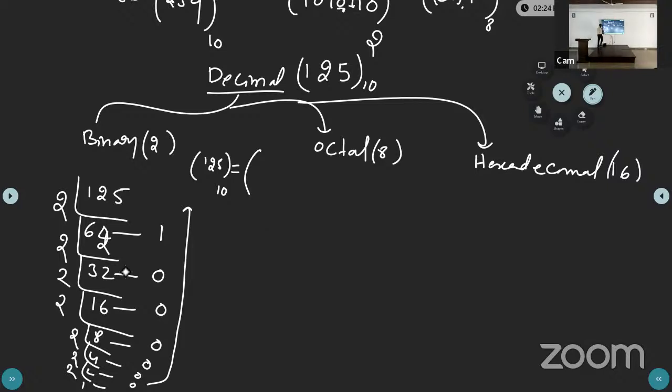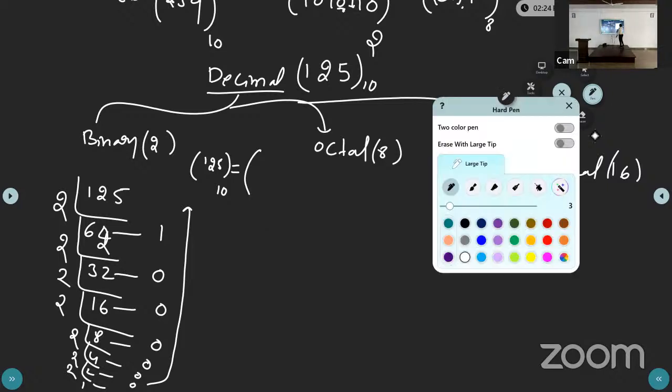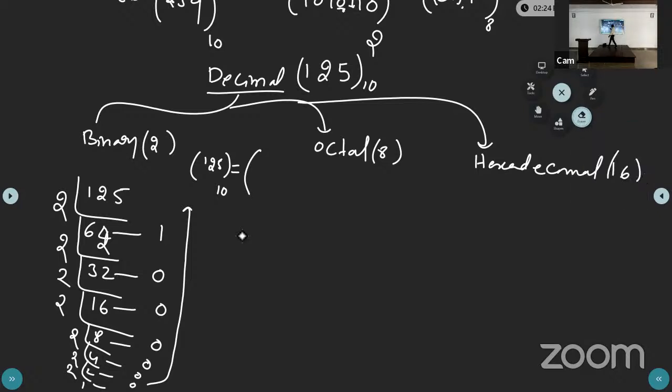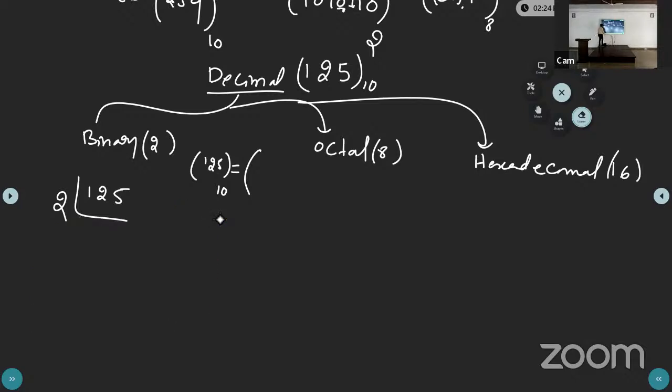That's 62. Okay, now write 62. Remainder is 1. Now divide by 2, 31.